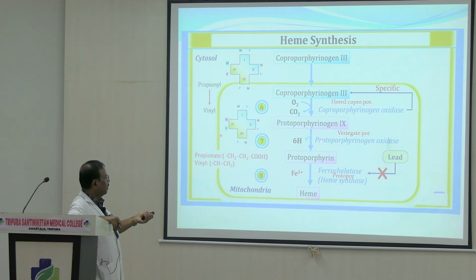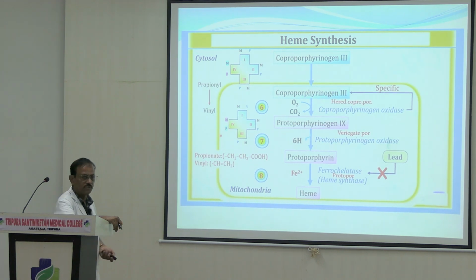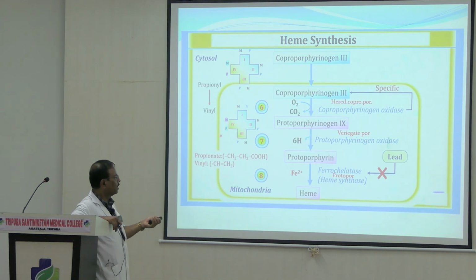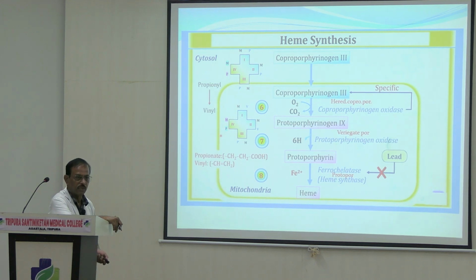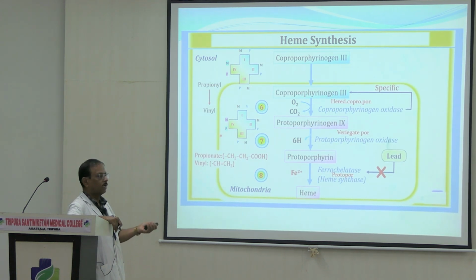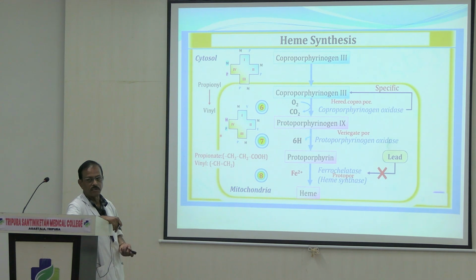Then, if protoporphyrinogen oxidase is deficient, it will produce variegate porphyria. So, almost in all the enzymatic reactions, some porphyria or other is there. So, you have to remember it.